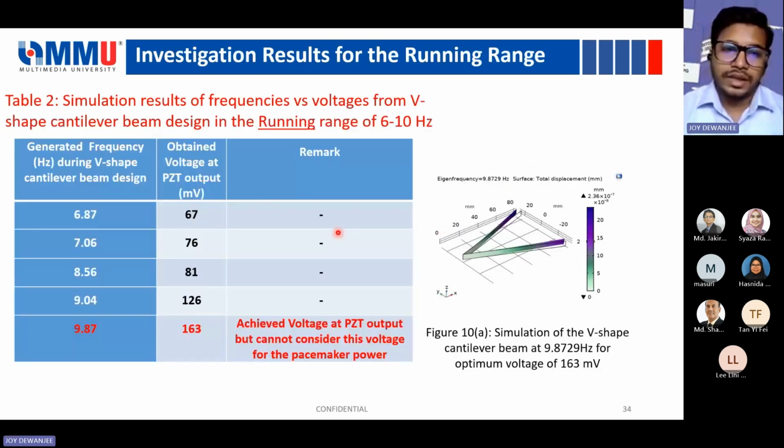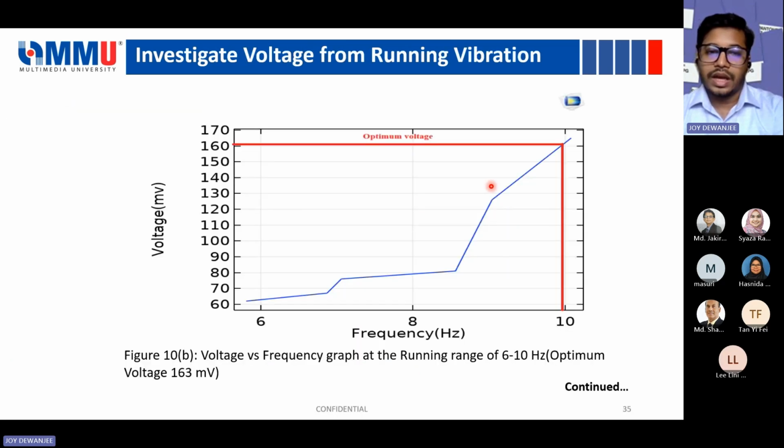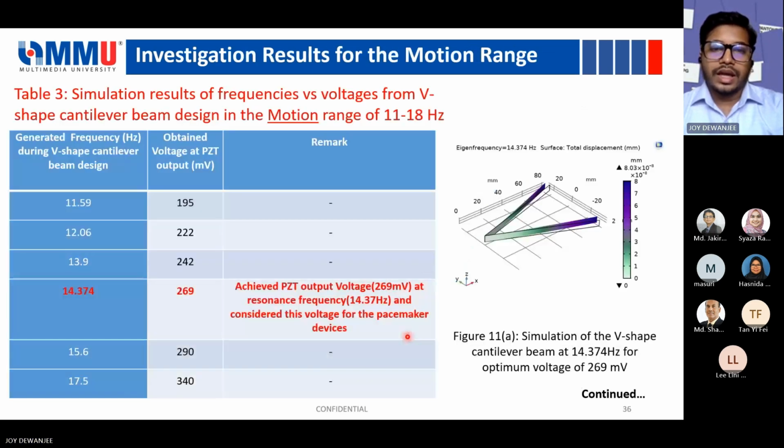And the other one is the running range, which considers 6 to 10 hertz. Here we have found the optimum frequency is 9.87 and the voltage is 163. And these are the simulation results for the frequency, and these are the graphs for the voltage. And for the motion range, we consider the range 11 to 18 hertz, where the optimum frequency can be found.